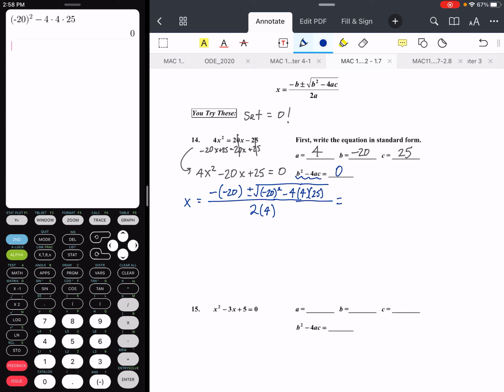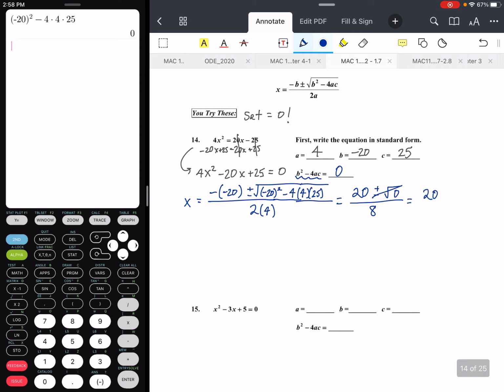So simplifying, negative of negative 20 is positive 20, plus or minus the square root of 0, the whole thing over 2 times 4, which is 8. Well, the square root of 0 is just 0, so that doesn't do anything. And get rid of that.